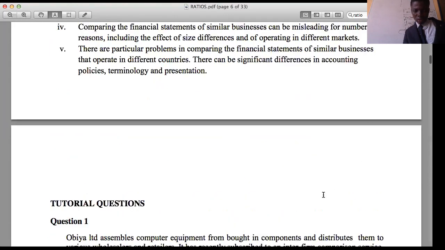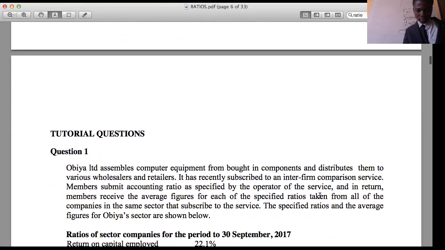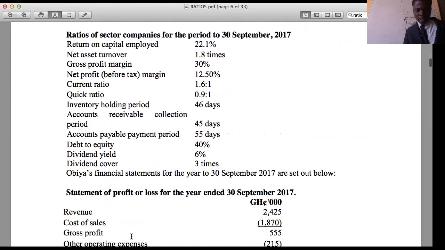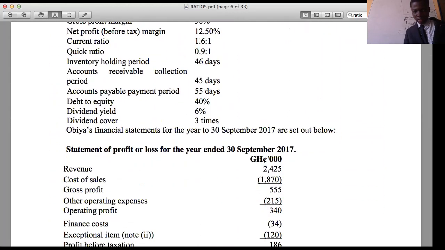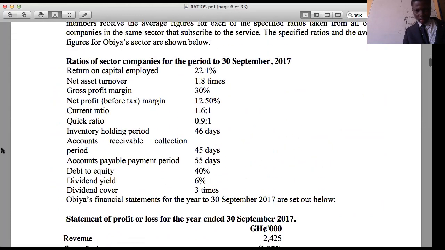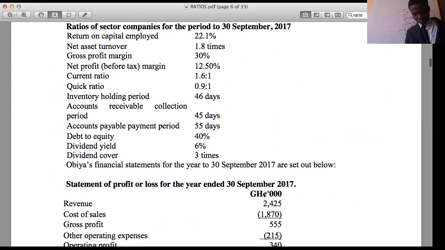Now, if I take this one, it is Obia. They have given us some selected ratios here. Let's count and see if it is more than 10. So let's start. Return on capital employed 1. So 1, 2, 3, 4, 5, 6, 7, 8, 9, 10, 11, 12 maximum. Good.